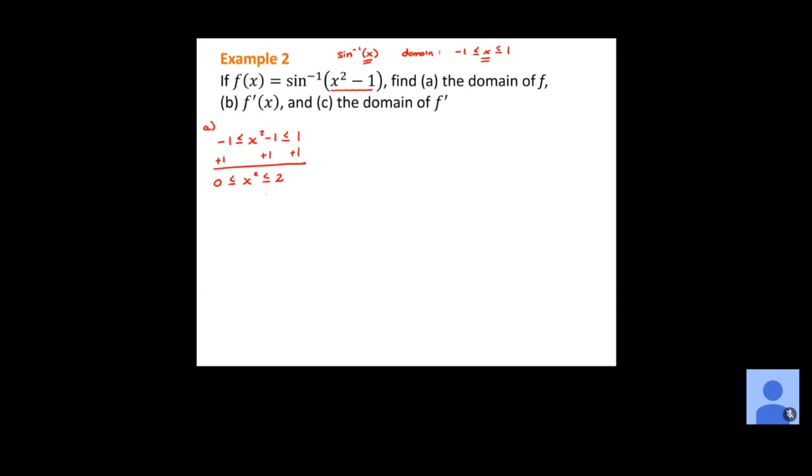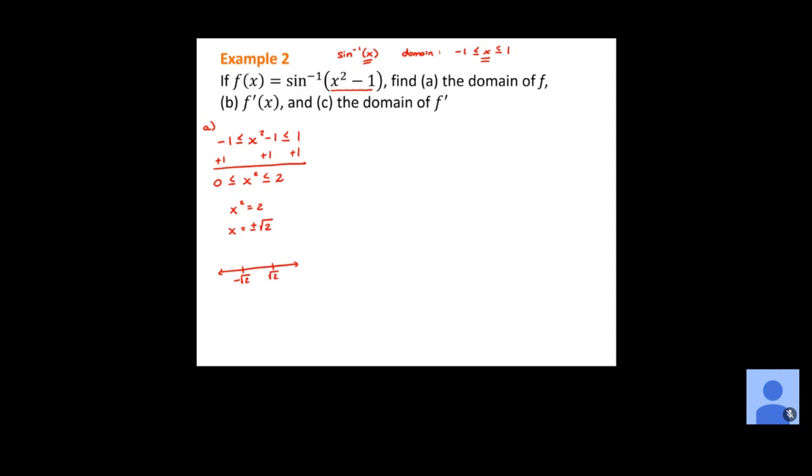So what you would probably want to do in this case is find some critical numbers for this one, which is going to give us plus or minus square root of 2. The 0 is going to take care of itself because the square root of 0 is just 0. It's included. It's between these two values. So now I'm going to put these on a number line, and I'm going to determine which interval or intervals I actually care about.